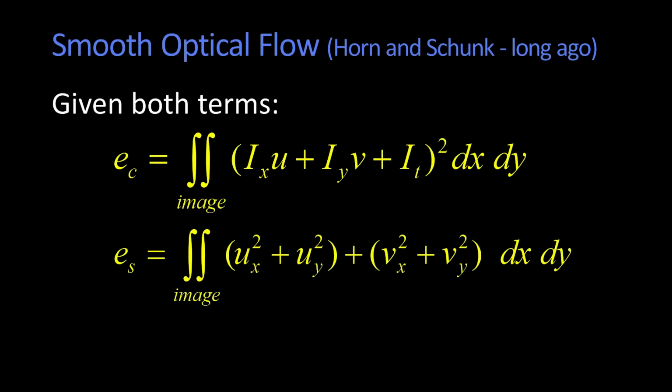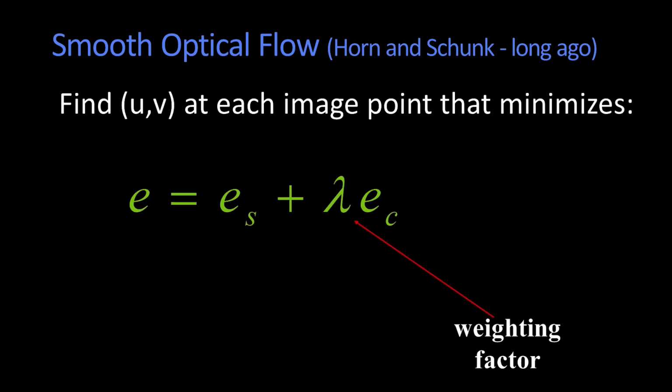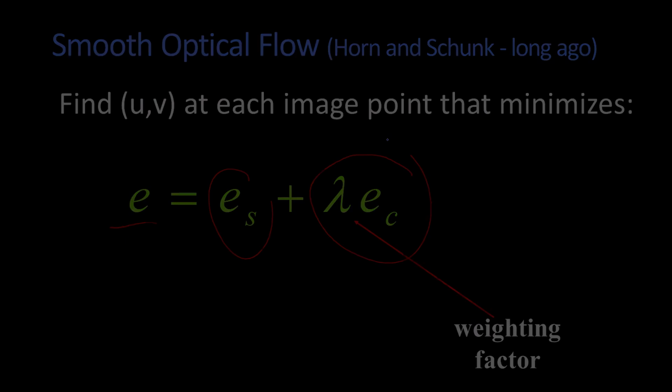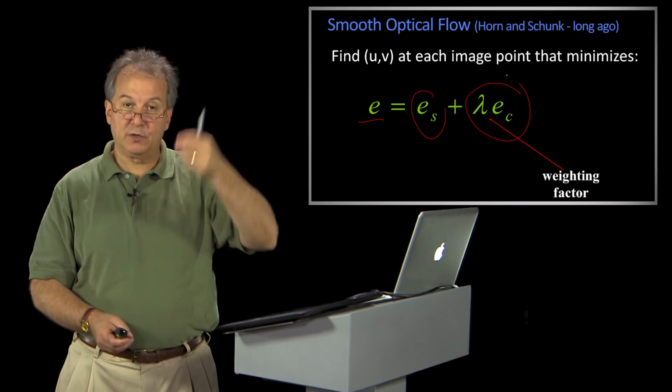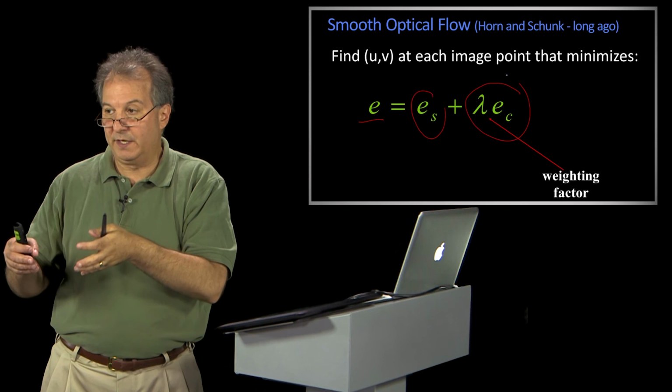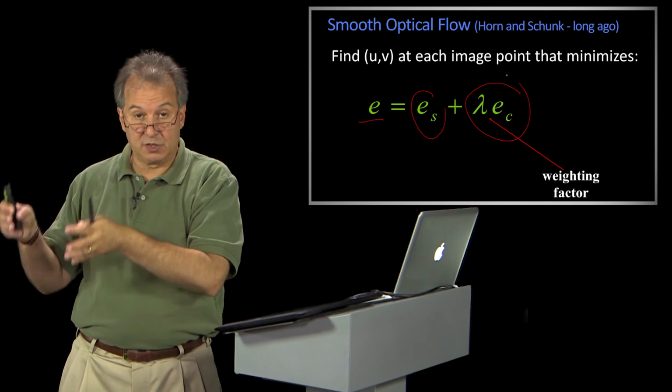So now we have these two terms: the constraint equation error term, E sub c, and the smoothness error term, E sub s. What we want is to find the u, v at every pixel, a different u, v at every pixel, that minimizes this total error, which is the smoothness term plus some weighting factor times the constraint term. The weighting factor is how much you believe your data. The bigger the weighting factor, the more important satisfying the brightness constancy constraint is.